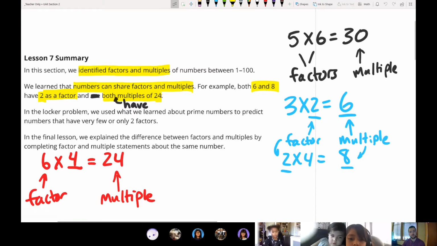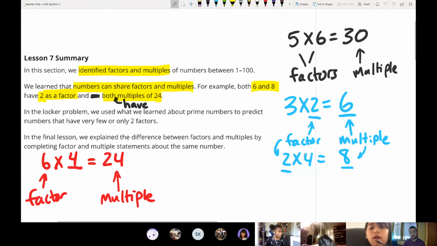How can we show that 24 is a multiple of 8? You can show that 8 is a multiple of 2 because we're working for 24 as a multiple of 8 at the moment.